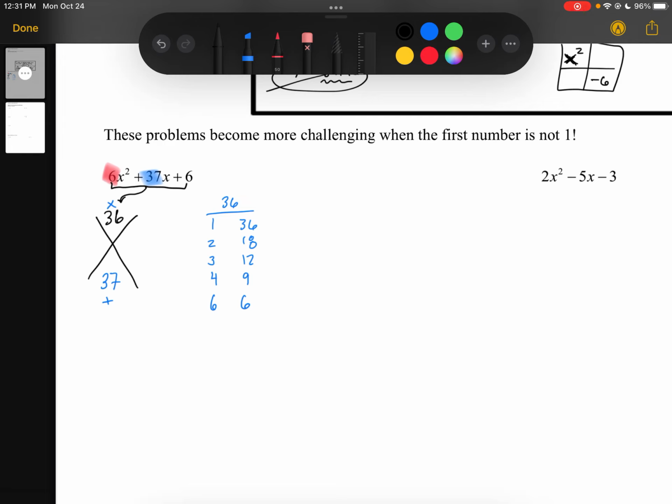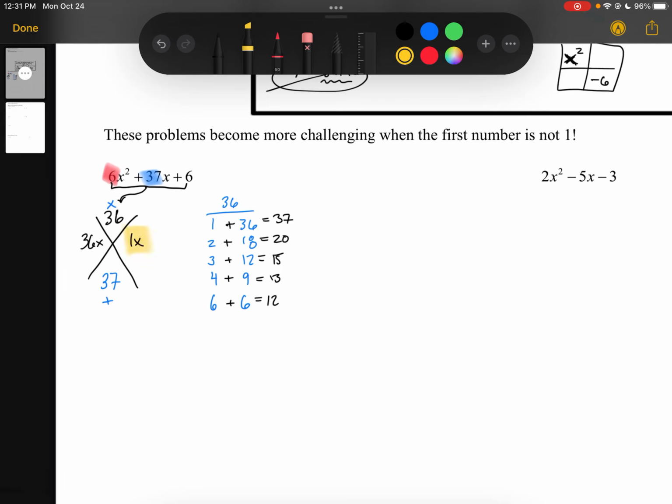We know that all these multiply to get us 36, so we can check which pair adds to 37. There we go, 36 and 1. 36 times 1 is 36, and 36 plus 1 is 37.